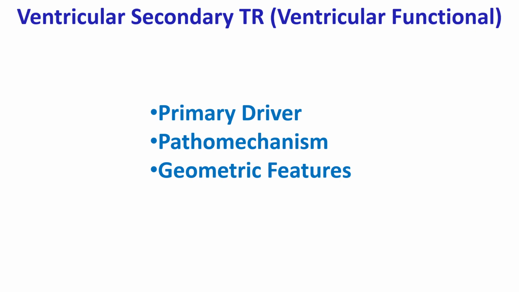Ventricular secondary TR. Primary driver: RV dilatation, spherical remodeling and systolic dysfunction. This is most commonly secondary to left-sided valvular heart disease like chronic mitral or aortic valve disease, left ventricular failure or precapillary pulmonary hypertension. Pathomechanism: as the RV remodels and dilates, the papillary muscles are displaced apically and laterally.